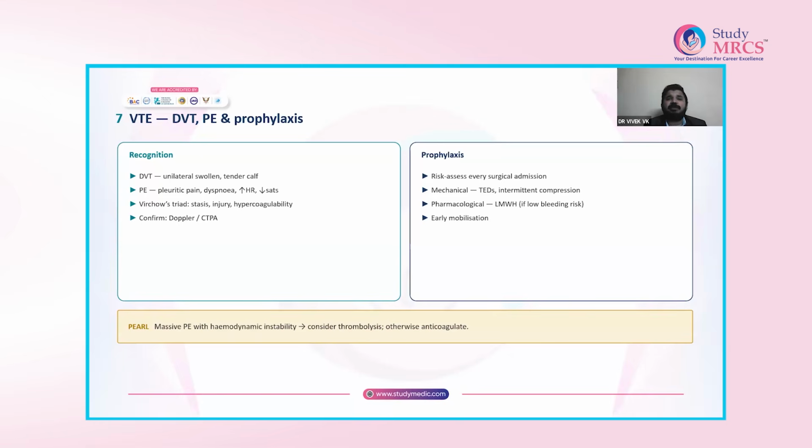So how will you prevent the occurrence of deep venous thrombosis in a surgical patient? You have to assess the risk of developing deep venous thrombosis in every surgical patient. You can use different types of scoring systems.